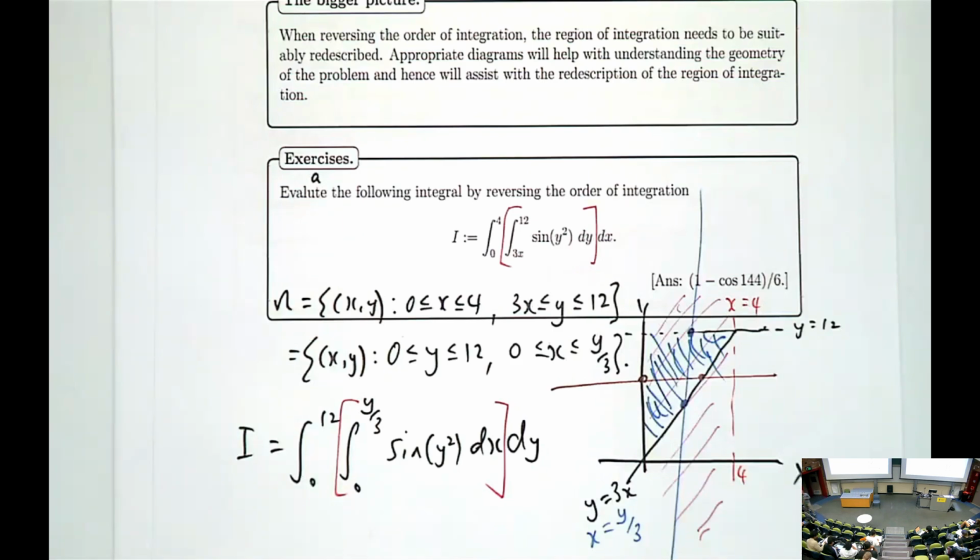Okay? Which is easy. Okay? Question? Okay. That's fine. So, you integrate it, you're going to get x sine of y squared. Do something with that and then integrate it again. Questions?